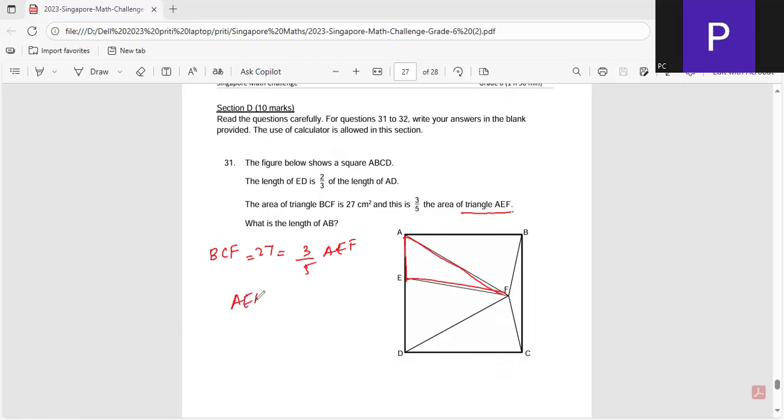If we find the area of AEF, it will be 27 into 5 divided by 3. So it is 45 centimeter square. Now, they're also saying that the length of ED is 2/3 of AD.